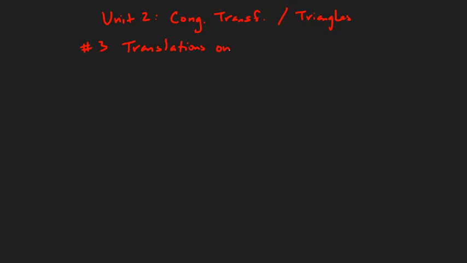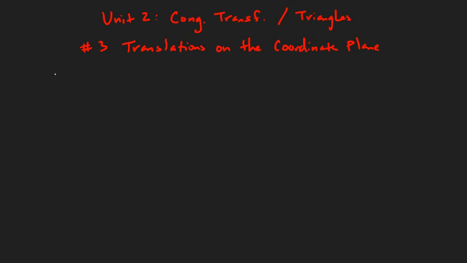Still trying to keep my handwriting good for all the viewers who want to see what I'm doing. So, translations on the coordinate plane. This is going to be a rather short video. We're going to do an example to illustrate this.